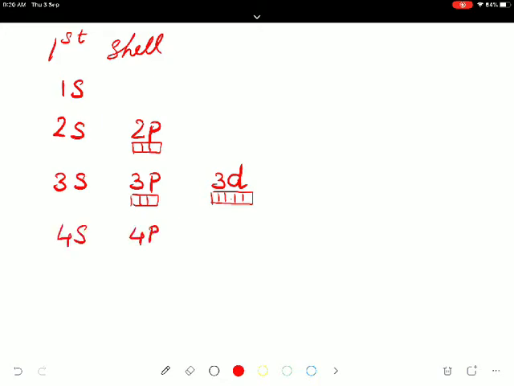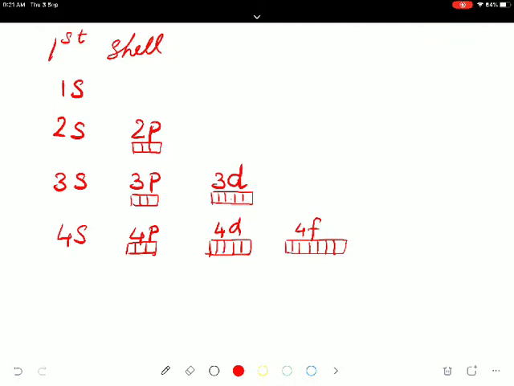In 4p also 4px, 4py, 4pz, 3 orbitals are there. Then 4d, again 5 orbitals. Then 4f, there are 7 orbitals: 1, 2, 3, 4, 5, 6, 7.